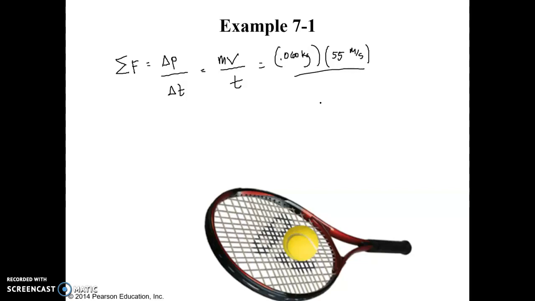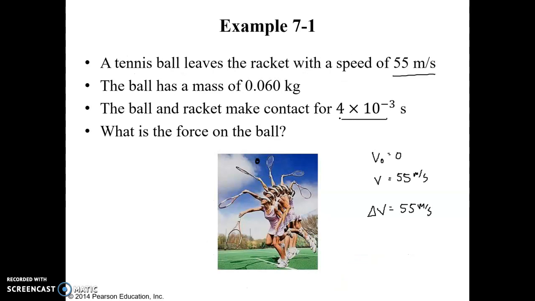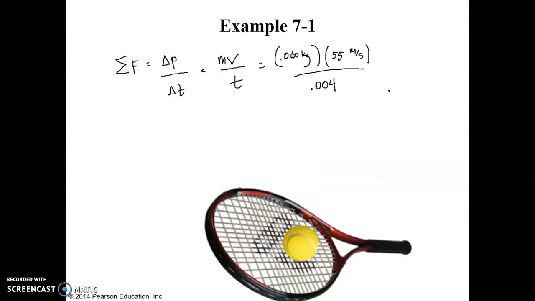And the amount of time that they spend in contact with each other is 0.004. Let me double check how that was presented with significant figures. Yeah, just the one significant figure, 4 times 10 to the negative third. So it's 0.004 seconds. And so when we calculate this, we should get that the sum of force on the tennis ball is approximately, rounding just to one significant figure, 800 newtons. 800 newtons of force is delivered to that tennis ball.